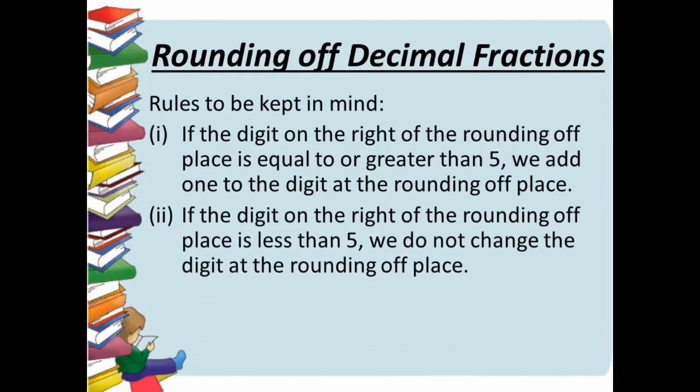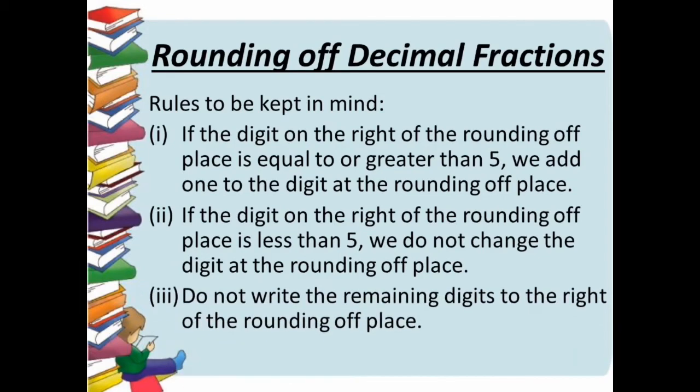Rule number 2 says that if the digit on the right of the rounding off place is less than 5, we do not change the digit at the rounding off place. And the rule number 3 says that do not write the remaining digits to the right of the rounding off place. Now students, let us do some questions based on this topic.